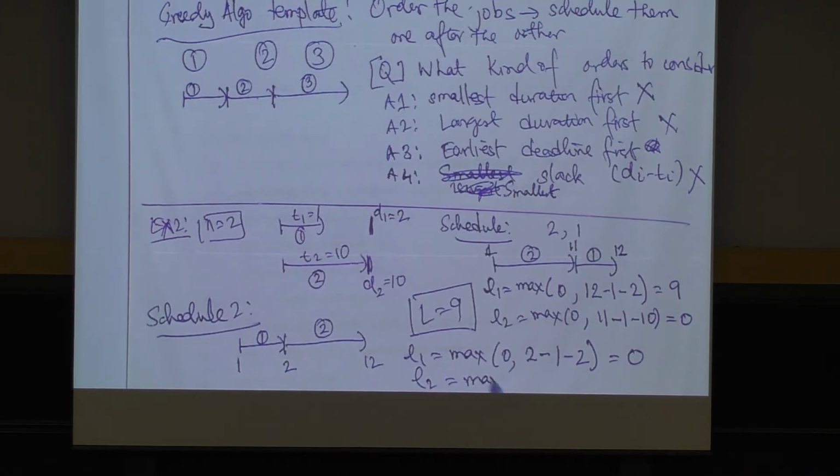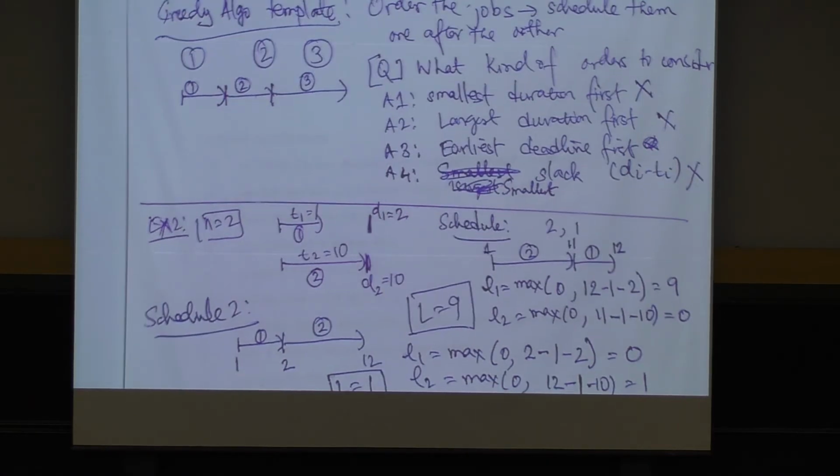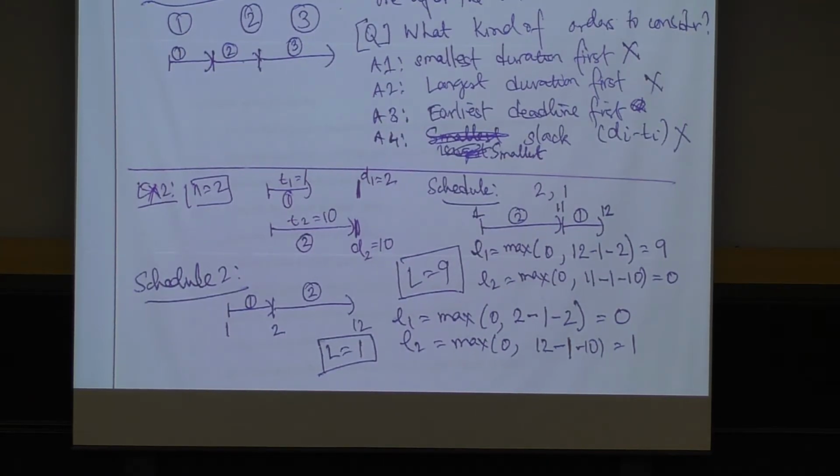L2 is max of 0, 12 minus 1 minus 10, which is 1. And so you get a much better lateness of 1 if you went with the earliest deadline first. And it turns out this is not a coincidence. At the very least, of the 4 heuristics, the only one that survived these 2 examples was earliest deadline first, and we're going to argue that this is indeed the best possible thing.